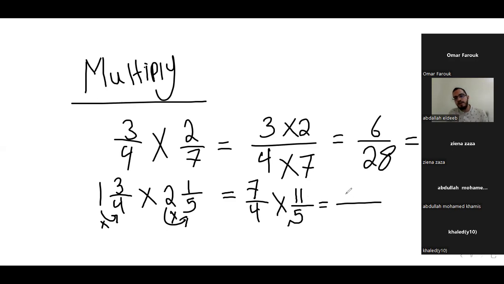Now multiply, 77 over 20. Then use a calculator to write it as a mixed number. Here it will be 3 and 17 over 20.